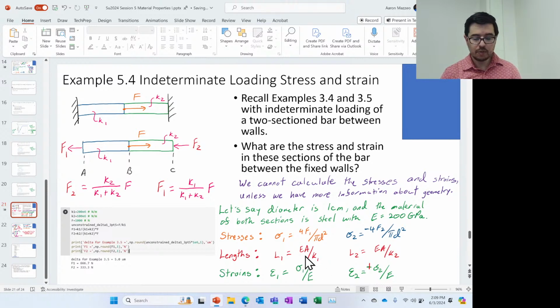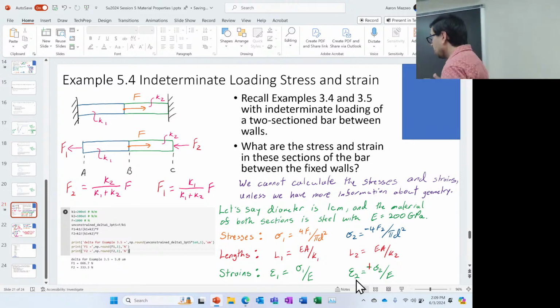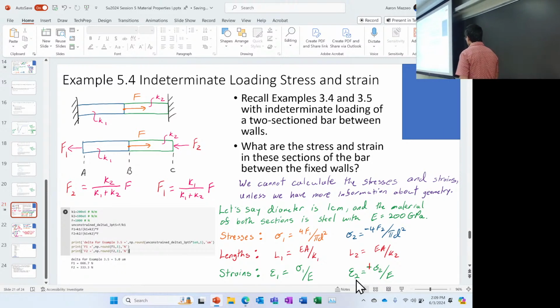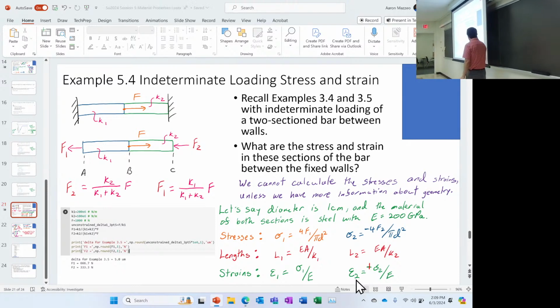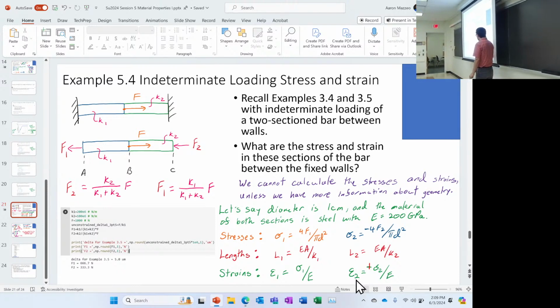Okay, we can relate the length to the elastic modulus, area, and K. All right, and the strains. So the reason I made a boo-boo the first time is because it's already negative here. Sigma 2 is already negative. So if I want strain, I don't have to use a negative on a negative. It's just still this negative stress divided by E. So that's how you handle this.